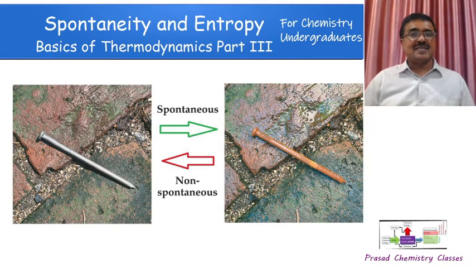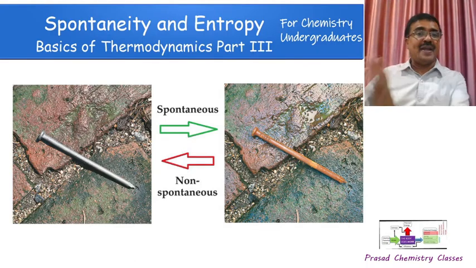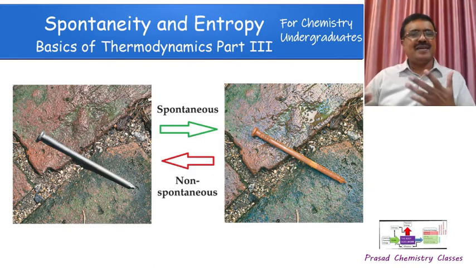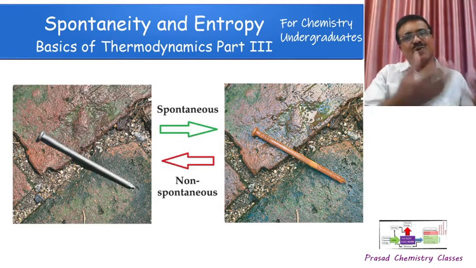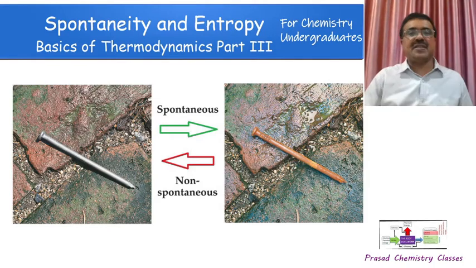But the reverse, a rusted iron nail spontaneously getting converted back. On the iron nail, we have a coating of iron oxide, ferric oxide, and conversion of this ferric oxide back into iron will be a non-spontaneous process under that given set of conditions. You can convert ferric oxide to iron, but that requires a different set of experimental conditions. That is it.